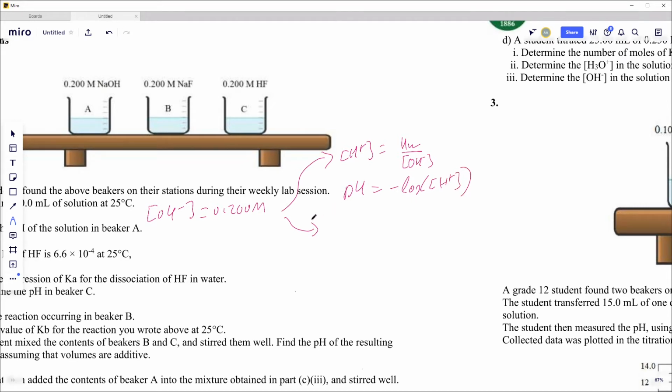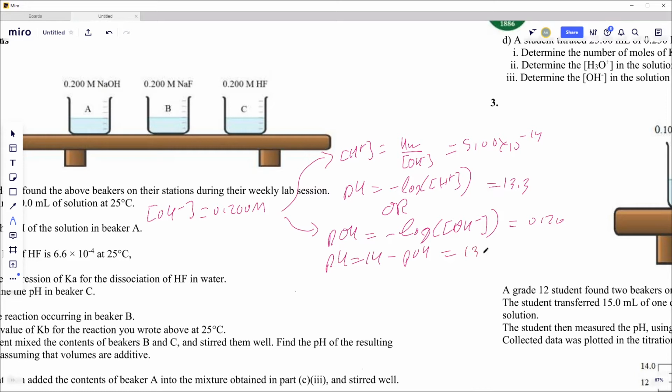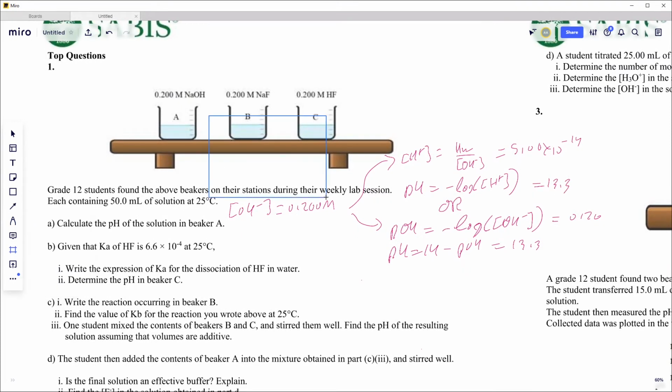Or you can do this by simply finding pOH, since you have the concentration of OH minus: minus log of the concentration of OH minus, and then pH would be 14 minus that. I think this will give you 5.00 times 10 to the power of minus 14, and here 13.3. And pOH will give you about 0.7, and again 13.3 if you subtract it from 14. So either of them will do the job.